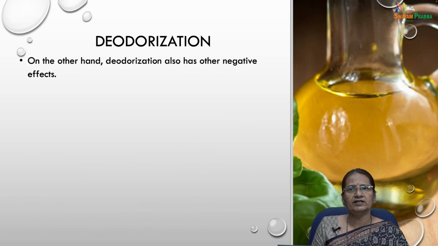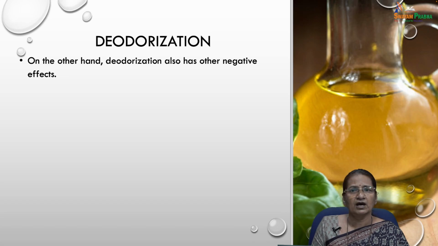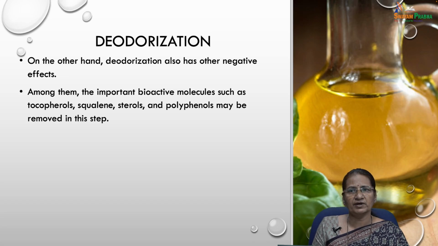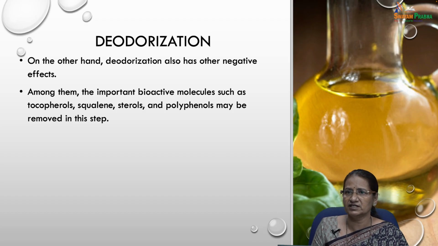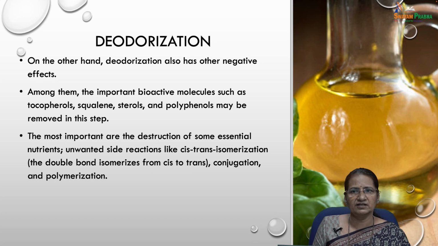On the other hand, deodorization also has other negative effects. Among them, important bioactive molecules such as tocopherols, squalene, sterols, and polyphenols may be removed in this step. The most important are the destruction of some essential nutrients and unwanted side reactions like cis-trans isomerization.